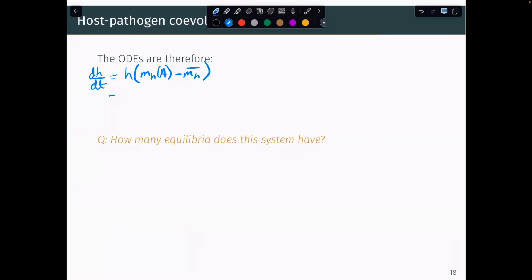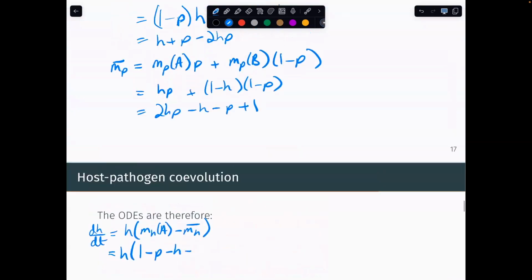Okay, so substitute in our values for M_H of A and M_H bar. This is just a simple substitution. So what's our M_H of A?